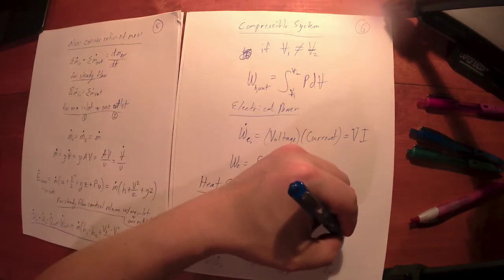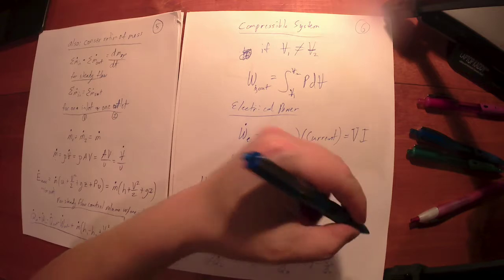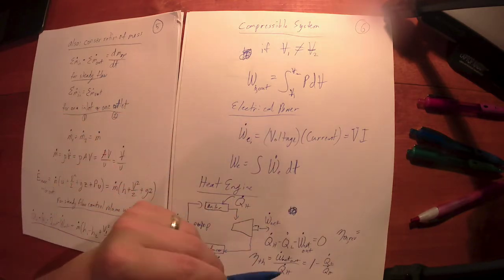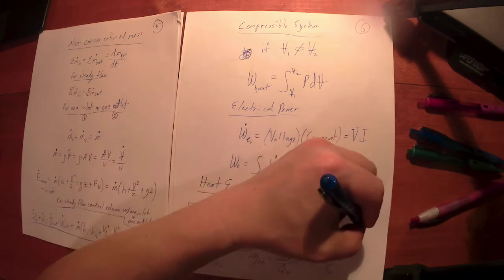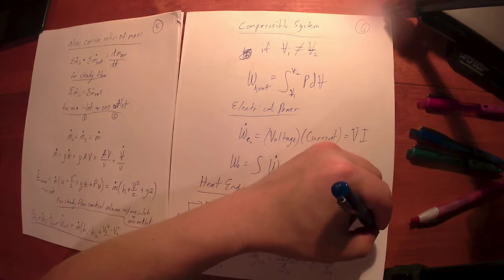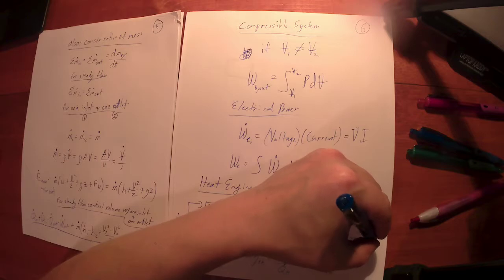And the maximum thermal efficiency, the ability of this thing to convert heat into work, the highest value that can be is if I take the ratio of the low temperature divided by the high temperature.